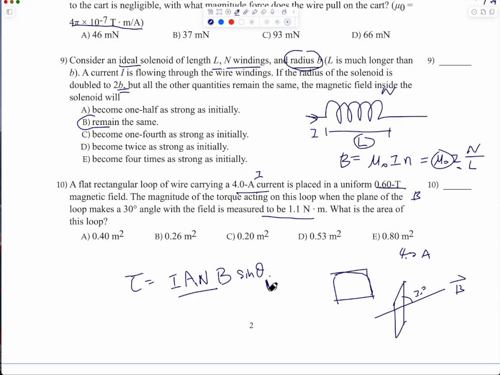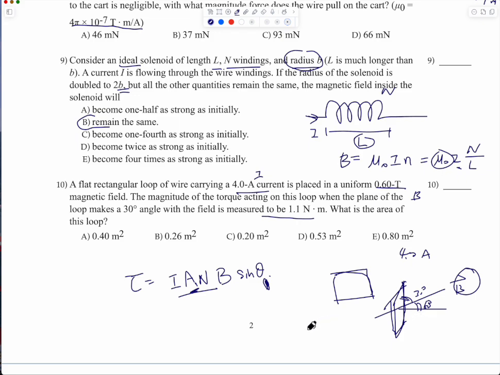Remember, this angle is the angle between the magnetic field and the normal to the plane, perpendicular to the plane. So if the field makes a 30 degree angle with the plane, then the angle to the normal will be 60.